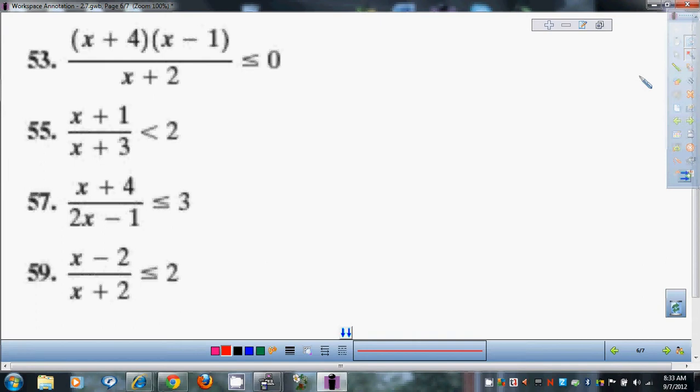Here's the only thing that's going to make these things a little more challenging. You can no longer just say 2. Let me show you why. Let's look at 57. That one looks to be the trickiest. When you're not set up for 0, if you have a random number, it complicates things just a little bit.